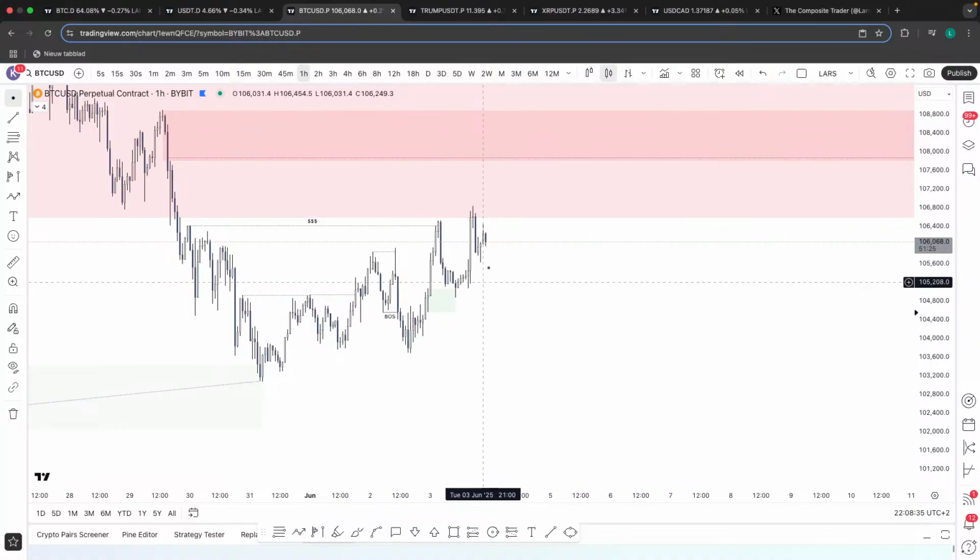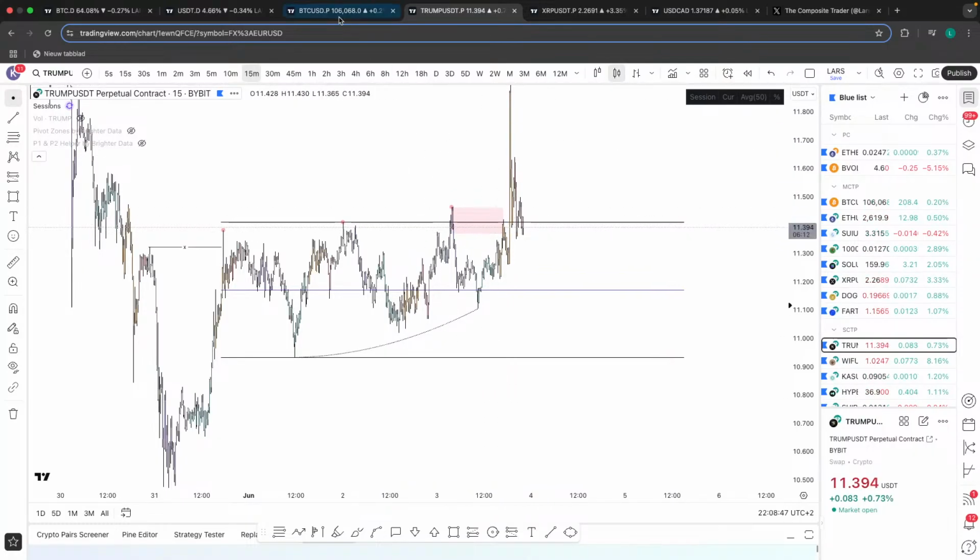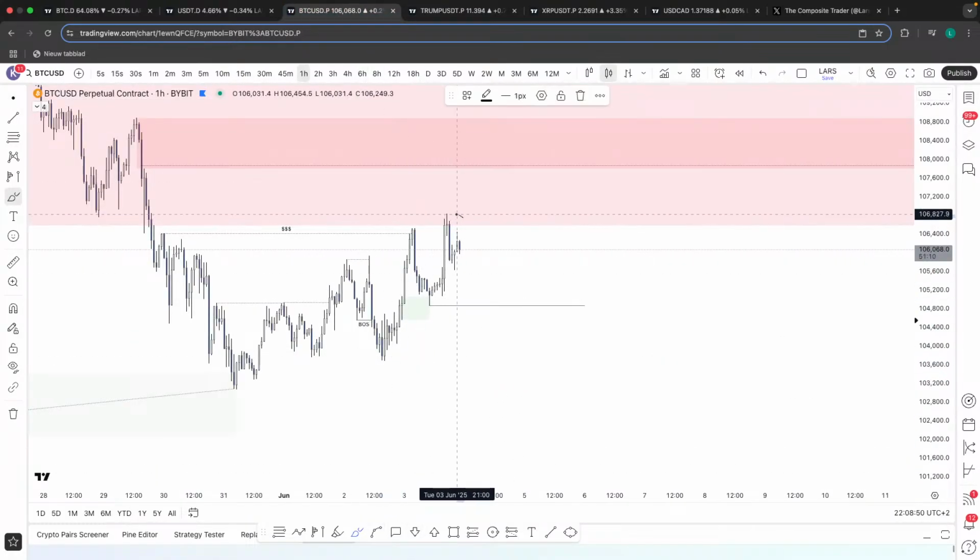There was no confirmation, and there was not going to be one anytime soon, because to break structure you would have to break this low, which is very far away. And with Trump at that supply mitigation right there, you were still at this high, so there wasn't really an opportunity nearby to confirm a rotation back down.